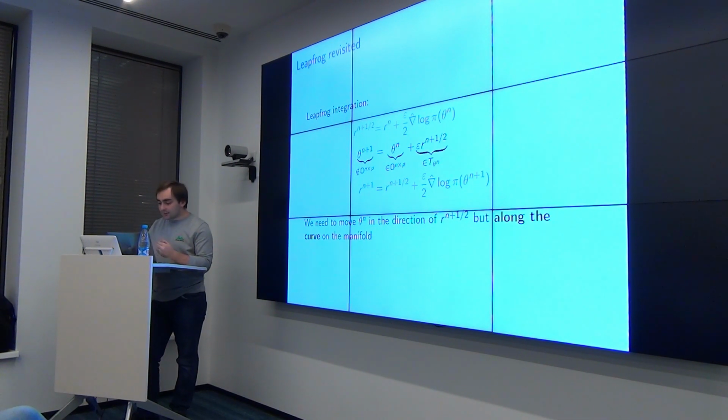The answer is that the scheme will not be reversible, because you cannot reverse the projection. And you will lose energy when you project, and so scheme will not be symplectic.